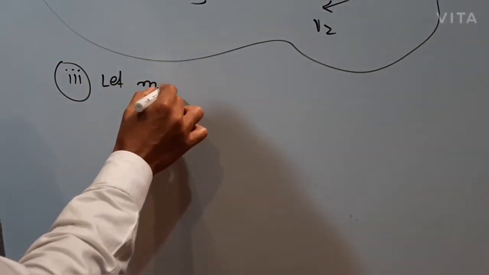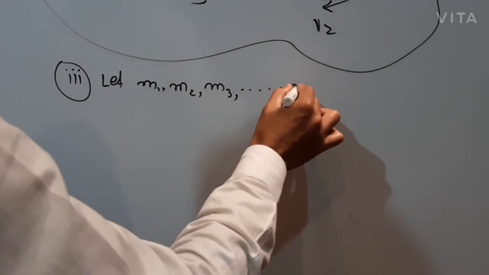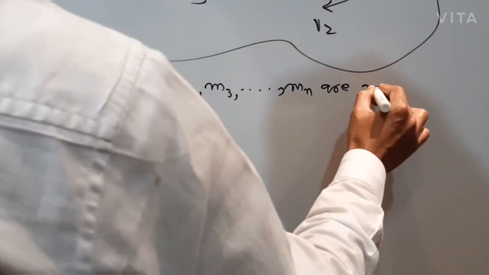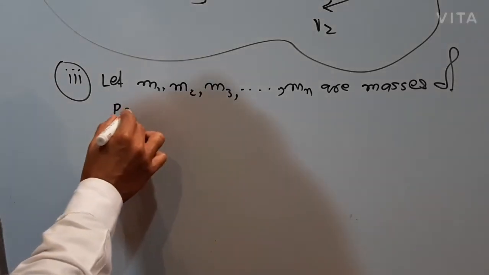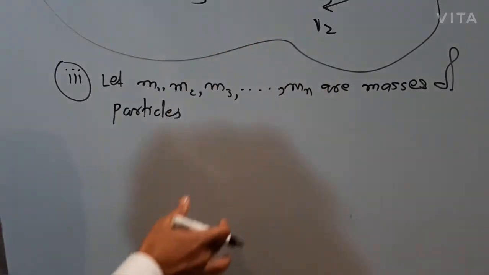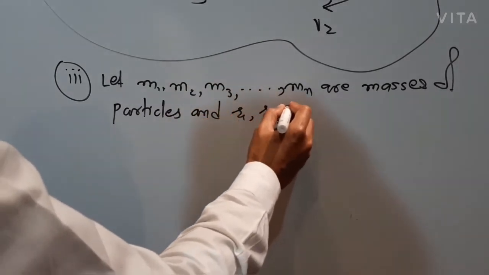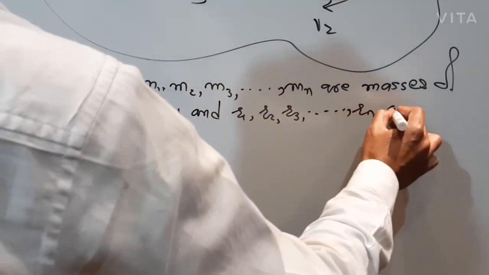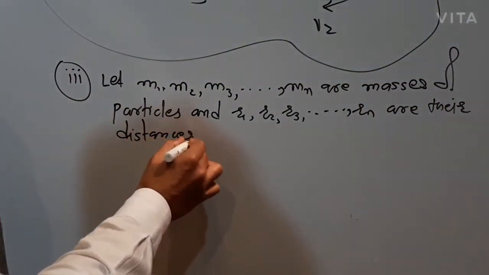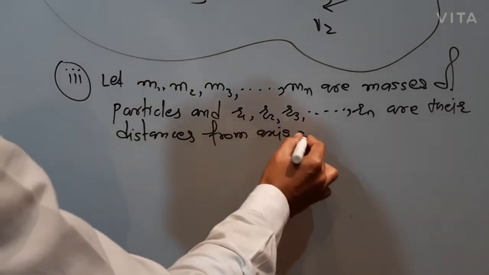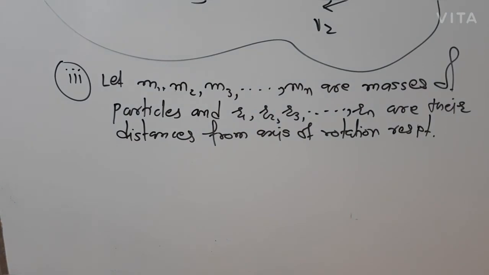Let M1, M2, M3, up to Mn be masses of particles, and R1, R2, R3, up to Rn be their distances from the axis of rotation respectively. This is our third point.